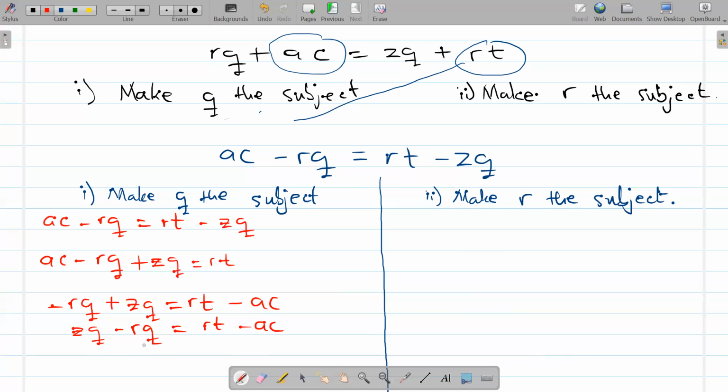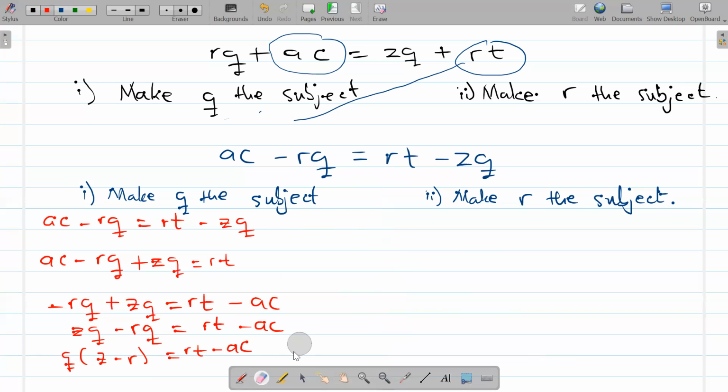So you are making Q the subject. So Q comes out.